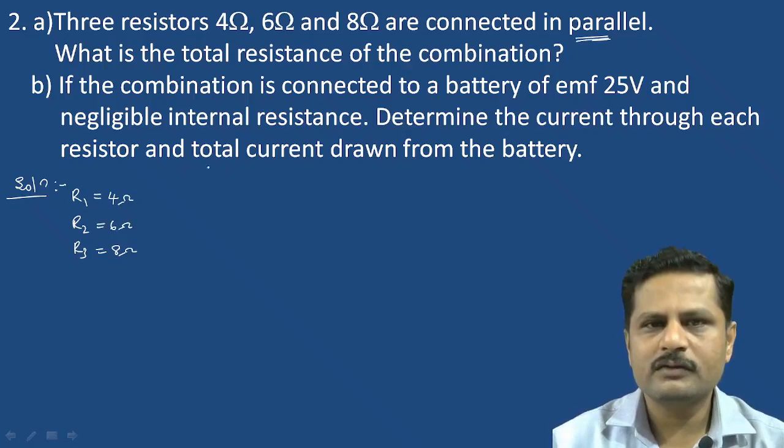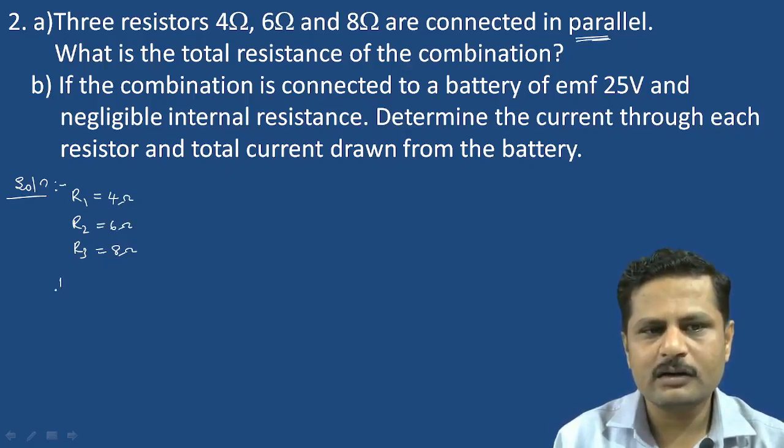Whenever three resistances are connected in parallel, their effective resistance can be calculated using the formula: 1 by Rp equals 1 by R1 plus 1 by R2 plus 1 by R3, where Rp is the effective resistance of the combination.